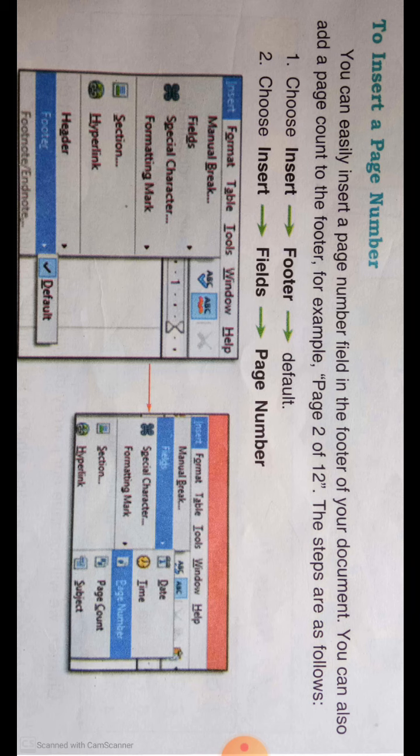The steps are as follows. Step 1: Choose Insert, then click on Footer and then Default. Step 2: Insert and then click on Fields and then Page Number. In this way, we can insert a page number.